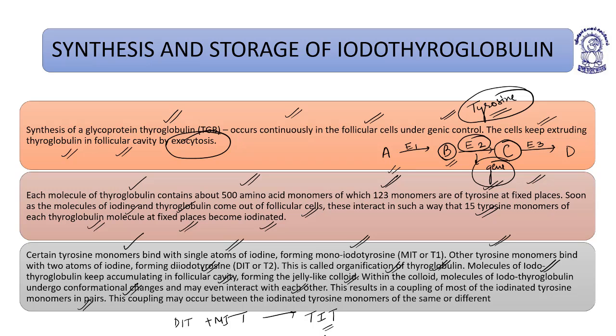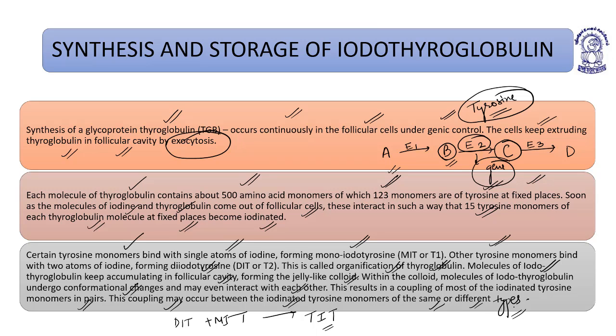This results in the coupling of most of the iodinated tyrosine monomers in pairs. For example, diiodotyrosine combines with monoiodotyrosine to form triiodotyrosine. Or diiodotyrosine combines with diiodotyrosine to form tetraiodotyrosine. This coupling may occur between iodinated tyrosine monomers of the same or different types. Okay, so this is the synthesis and storage of iodothyroglobulin.